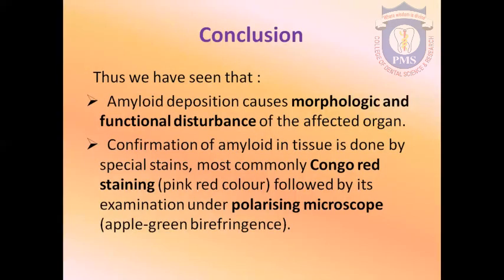Thus, we have seen that amyloid deposition causes morphologic and functional disturbance of the affected organ. Confirmation of amyloid in tissue is done by special stains, most commonly Congo red staining, pink red color, followed by its examination under polarizing microscope, apple green birefringence.